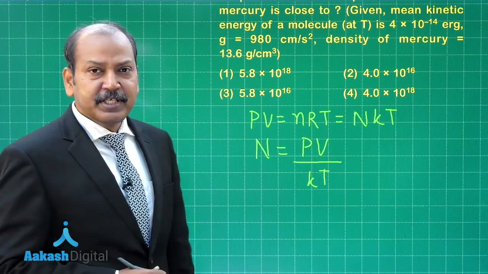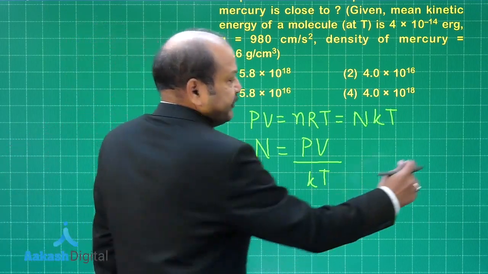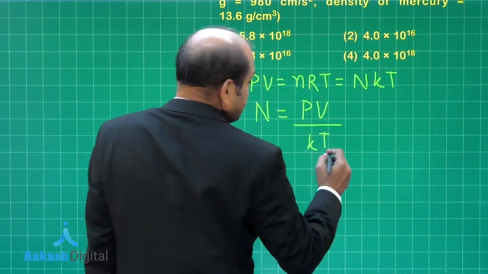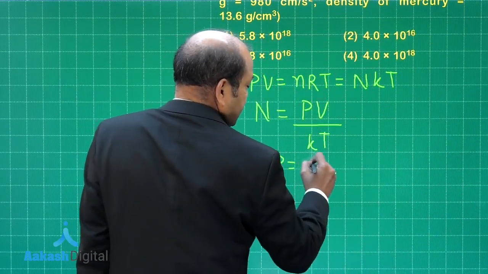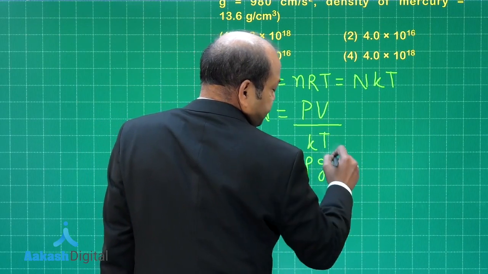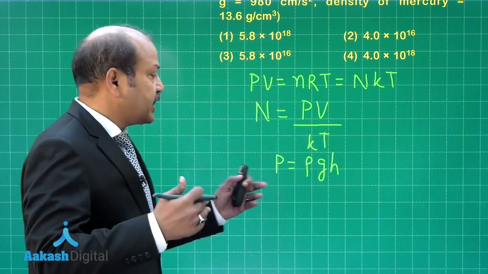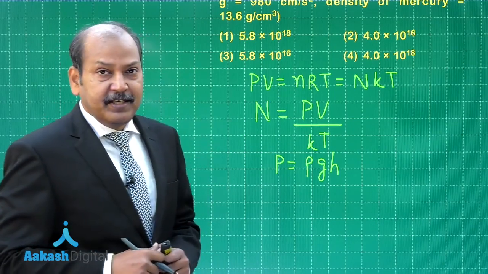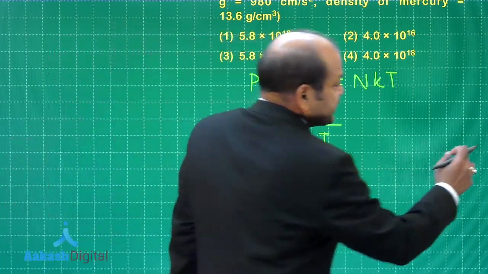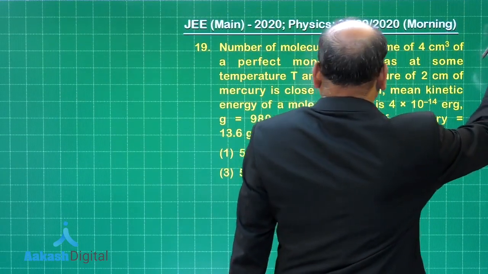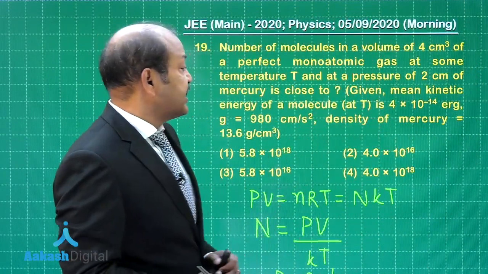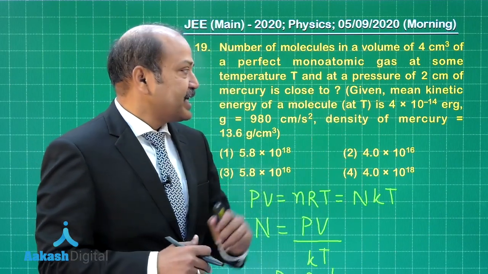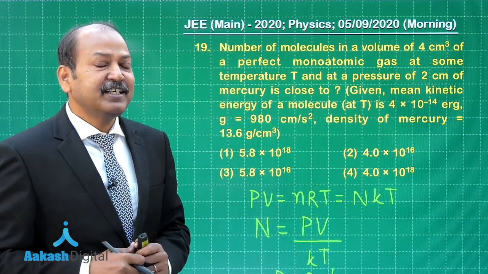What else is provided to us? For P we have rho g h, so we can write P is equal to rho g h, and we can stick to the CGS units, since all the quantities are given in CGS units. What about kT? There is very important information given: the mean kinetic energy of a molecule at temperature T is 4 into 10 to the power minus 14 erg.